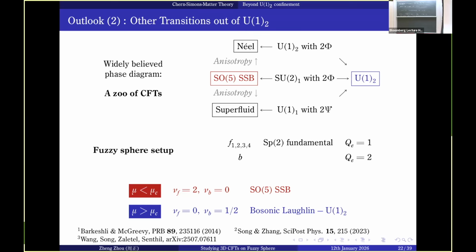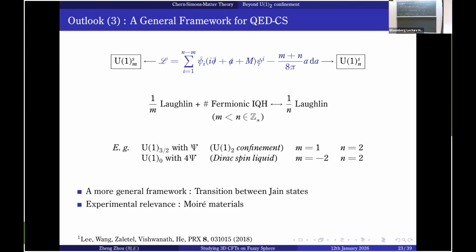On the sphere, the construction is very simple. We only need to replace 2 flavors of fermions with 4 flavors of fermions. Then one side is SO(5) symmetry breaking, and we can add anisotropy to break it to different symmetry breaking patterns. So we can also study a general framework for QED with or without Chern-Simons.